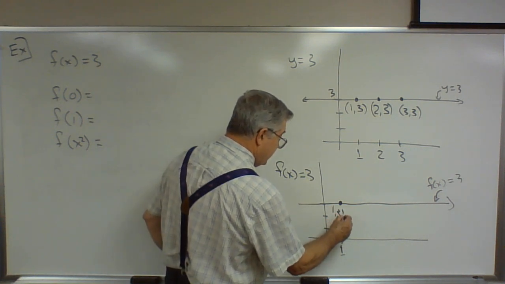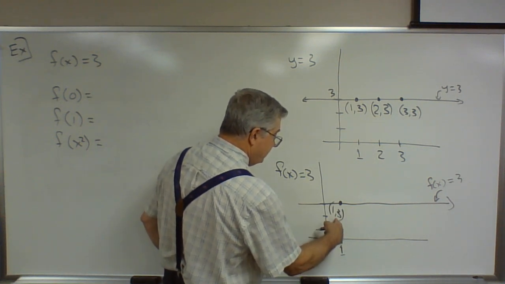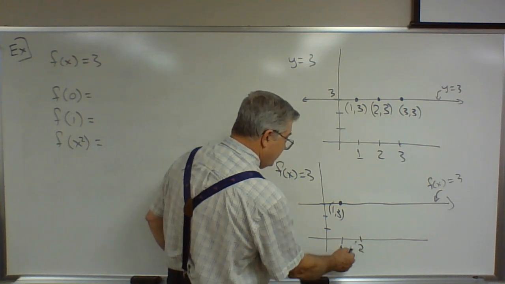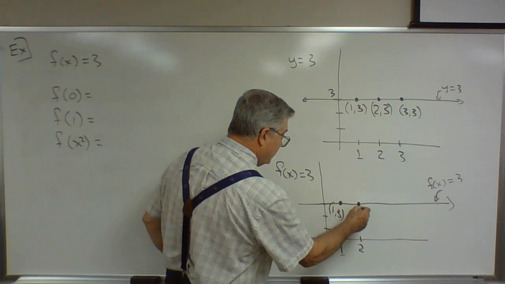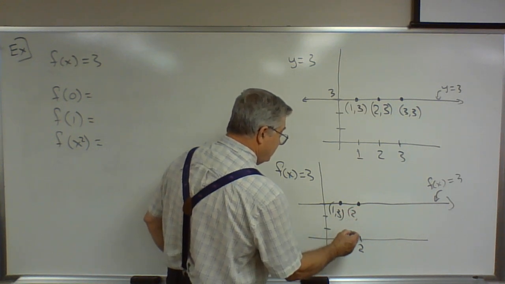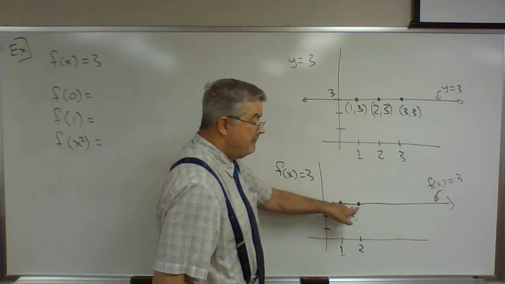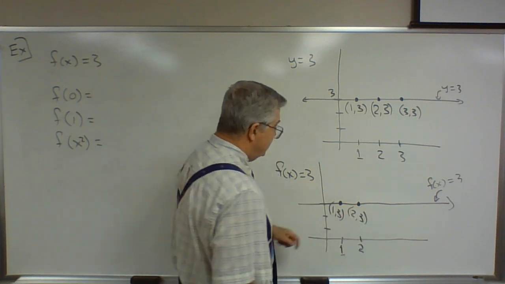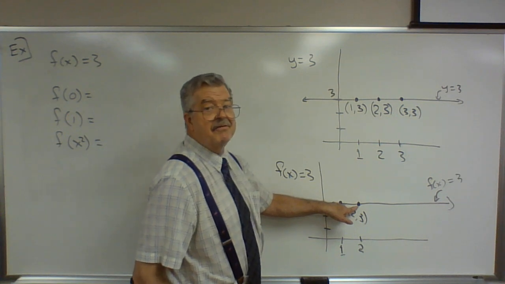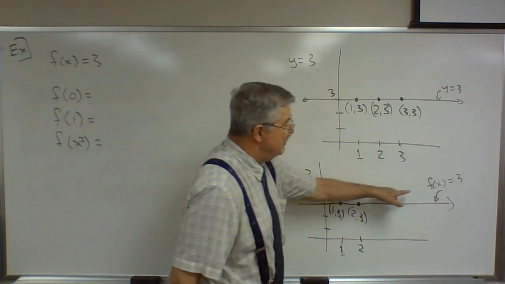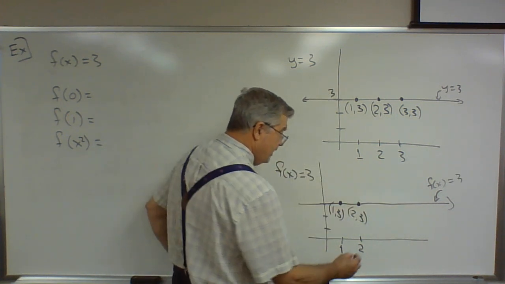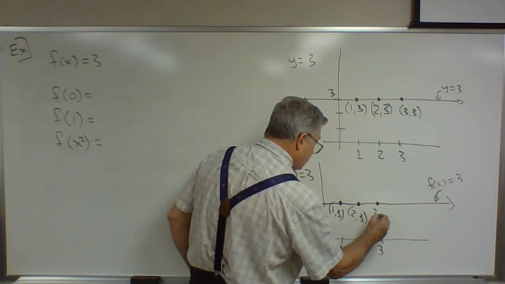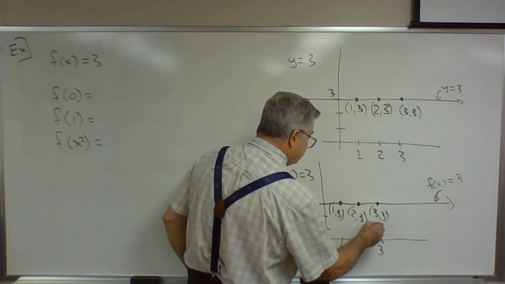So this is the point x equals 1, f of x equals 3. Okay, what about when x is 2? When x is 2, f of x or y is still 3, because the y coordinate or the f of x coordinate of every point on this line is 3. And when x is 3, f of x is 3 again.